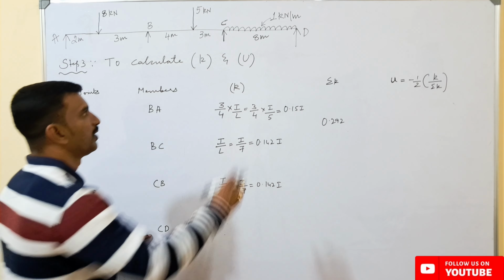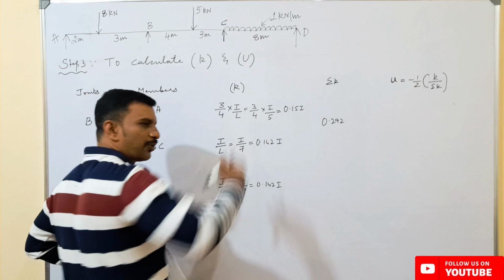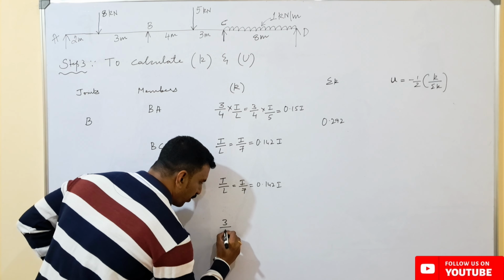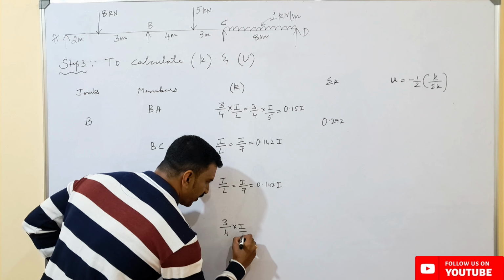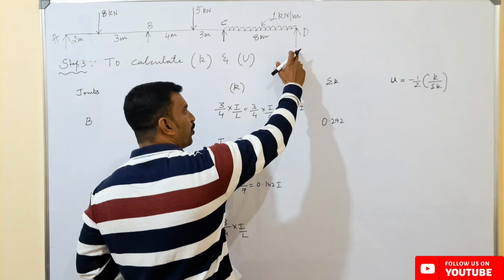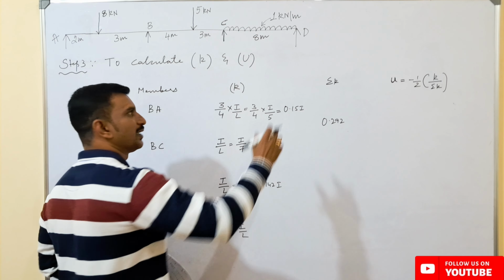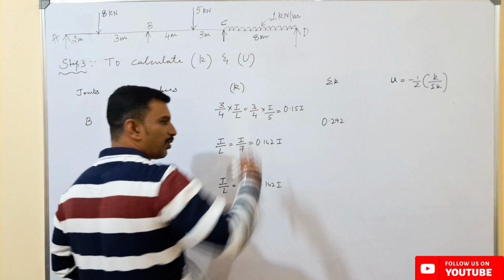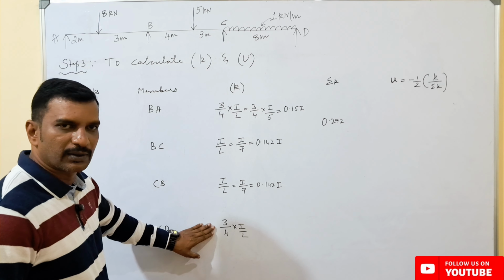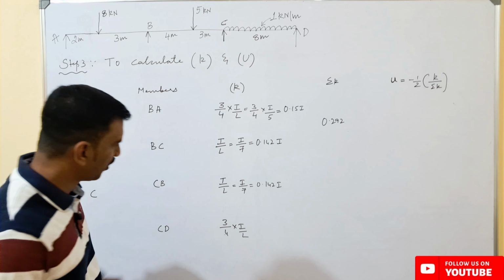And for C to D, C is the near end and D is the far end. Since D is a simple support, the stiffness value will be equal to 3 upon 4 into I by L. For any support other than a fixed support, maybe it is a simple support, roller support or a hinge support, we take only 75% of the value, and if it is a fixed support, we consider 100% of the value.